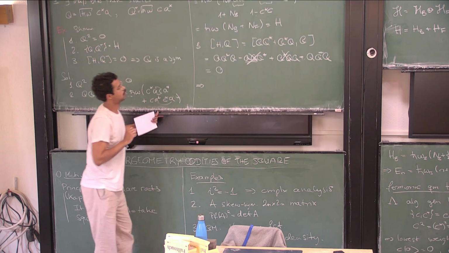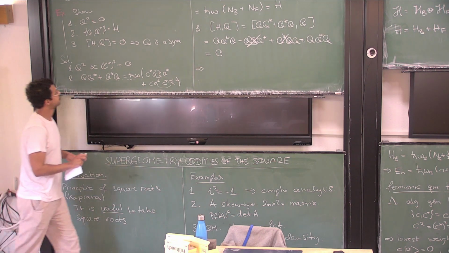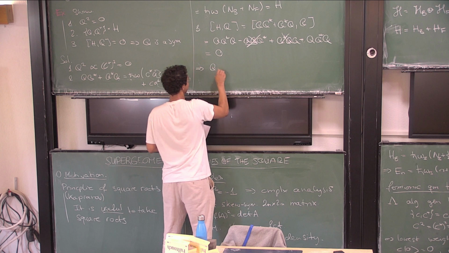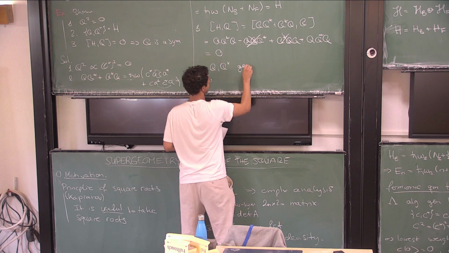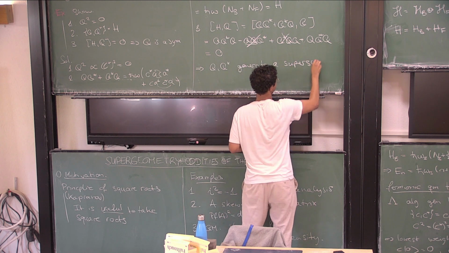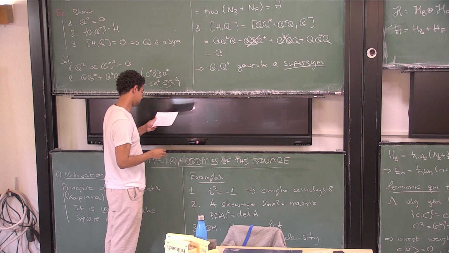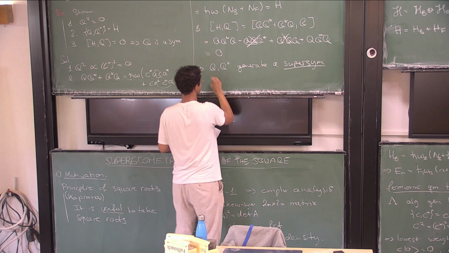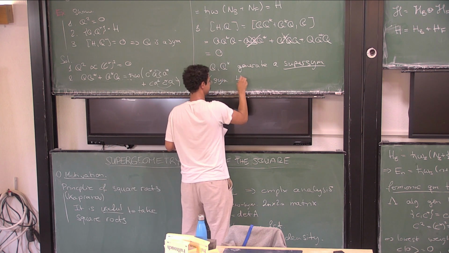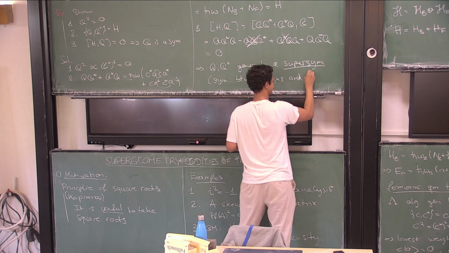Now, since this is such a nice thing, we say that Q and Q star generate a supersymmetry, which is a symmetry between bosons and fermions.